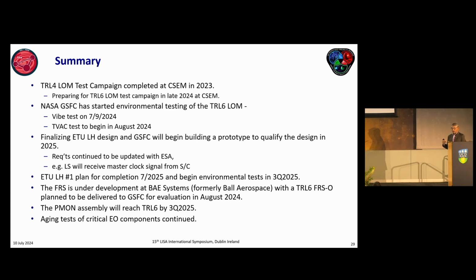The FRS is under development at BAE, and the TRL-6 FRSO is planned to be delivered to Goddard in August. The PMON will reach TRL-6 by the third quarter of 2025, and we are also performing ongoing aging tests of critical components within Goddard and at our vendor facilities. I think that's my last chart. Thank you for your attention.